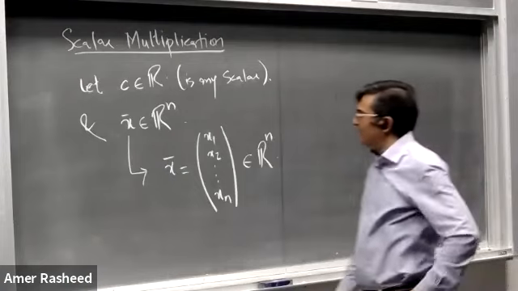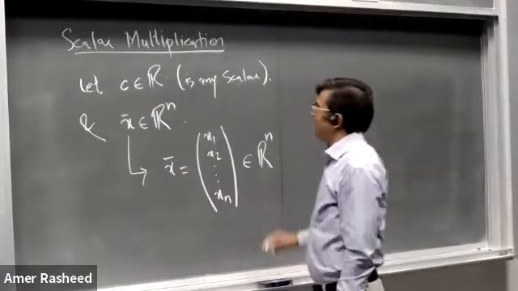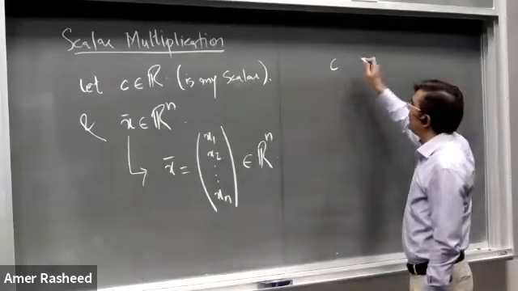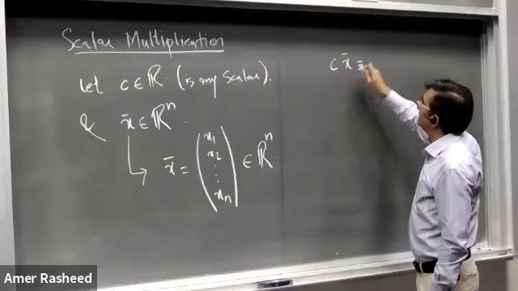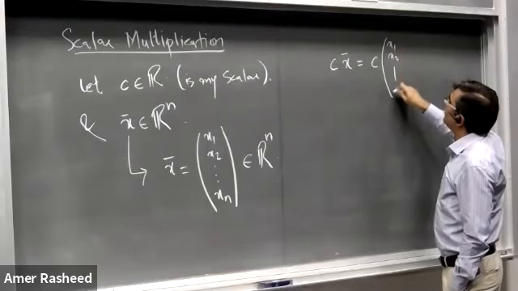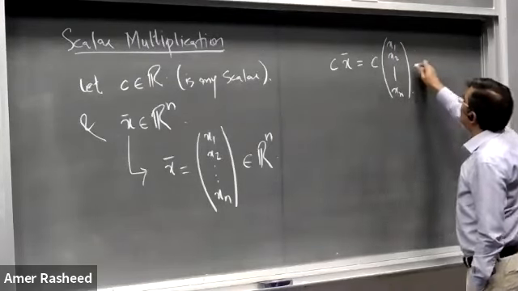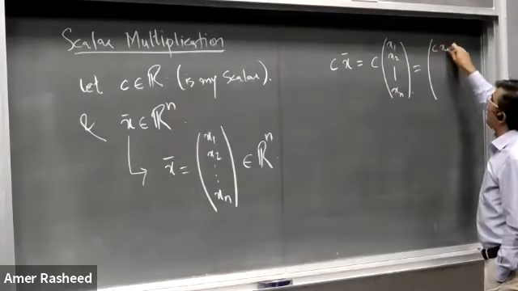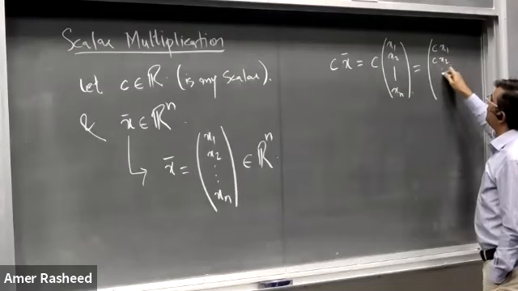Now, how do we multiply a scalar with a vector? We call it scalar multiplication. So c times x bar, which is c times (x1, x2, so on, xn), is usually defined by multiplying that scalar with each component. So it is (c x1, c x2, so on, c xn).